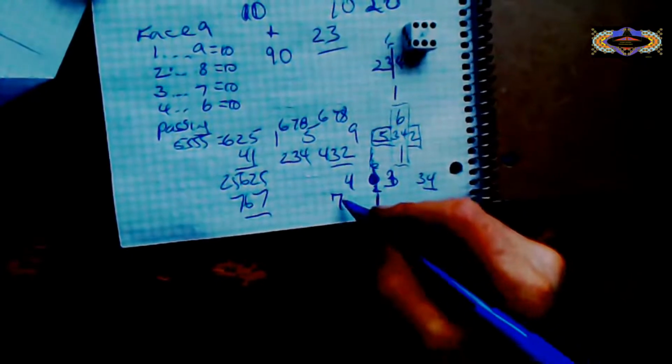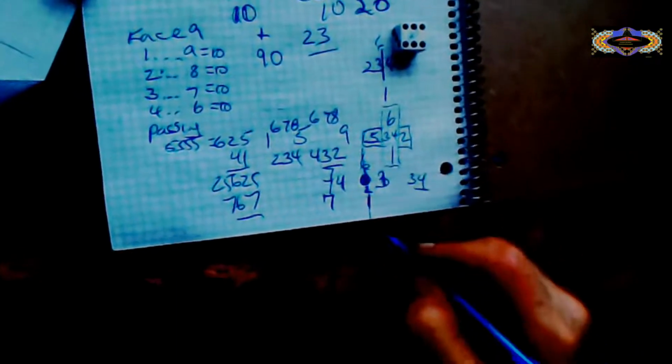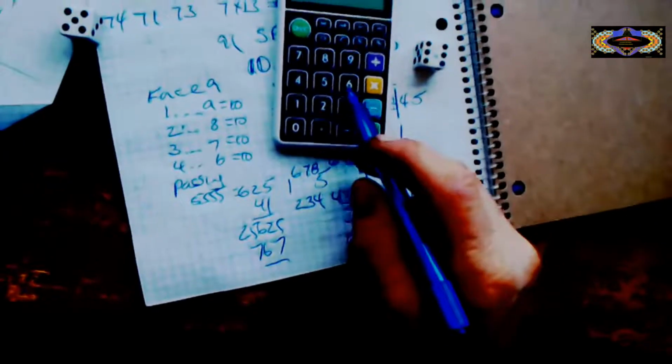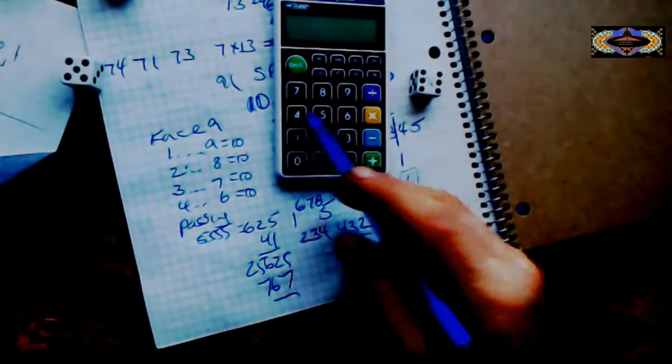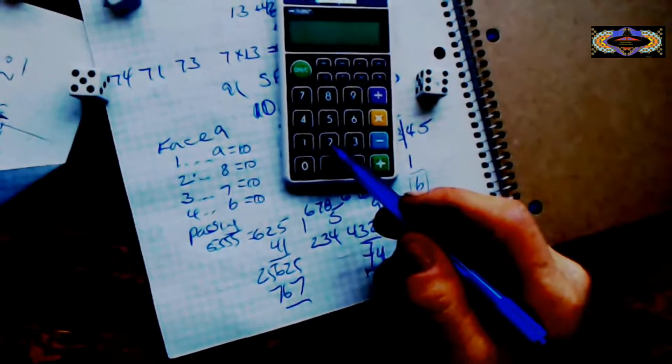is 7. 1 and 6, 7. 3 and 4, 7. 5 and 2, 7. The invert, okay?